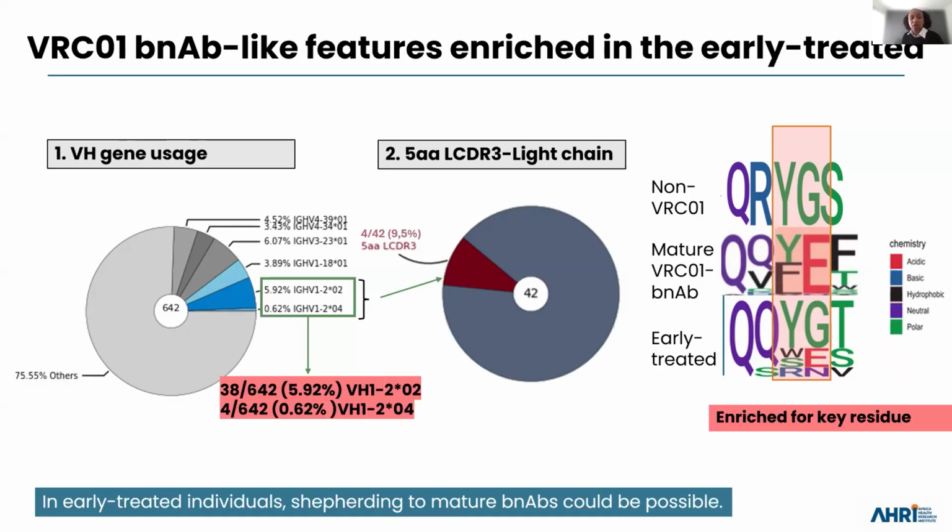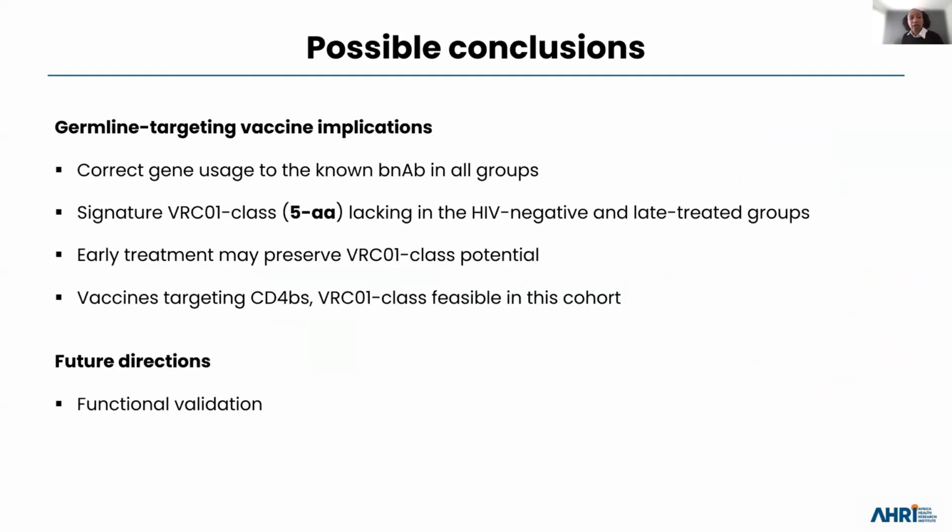So to conclude what I've been talking about, we wanted to see what the germline targeting vaccine implications are in our cohort, right? We know that we have the correct gene usage across all groups.